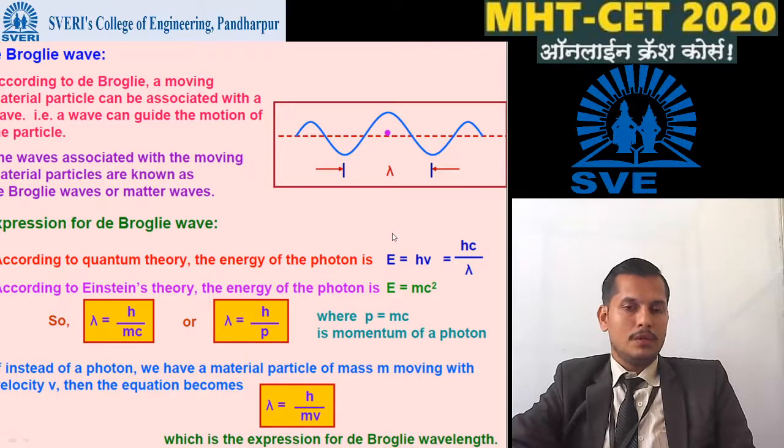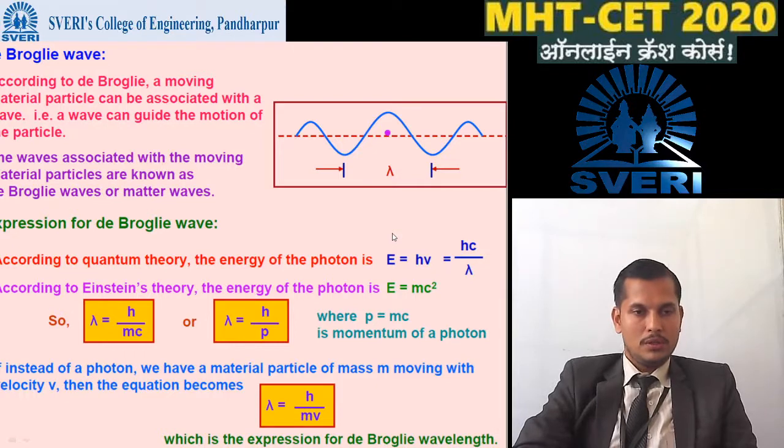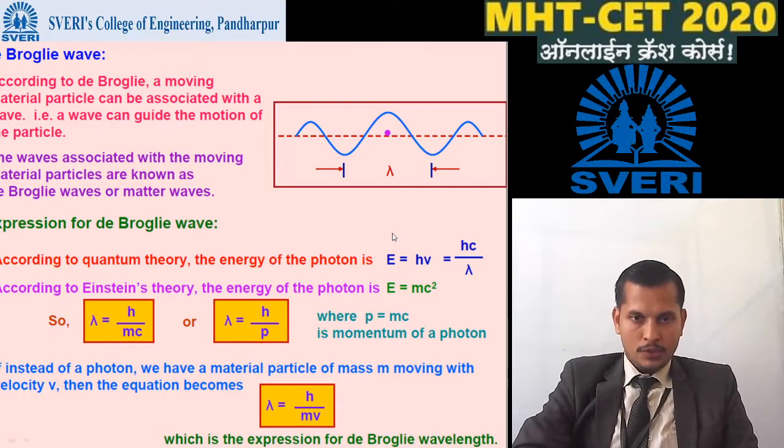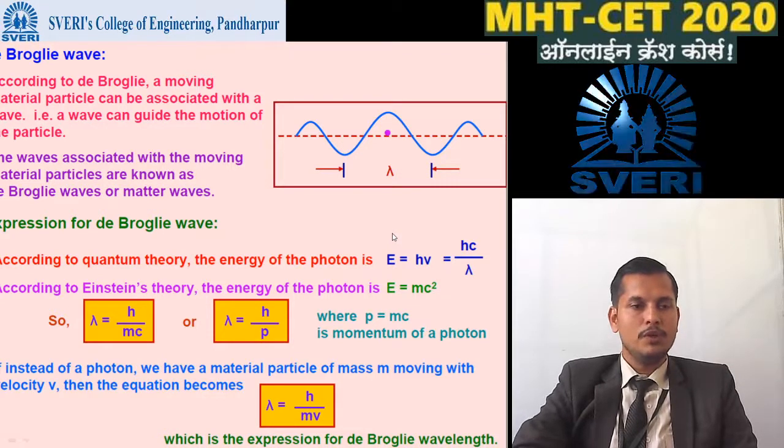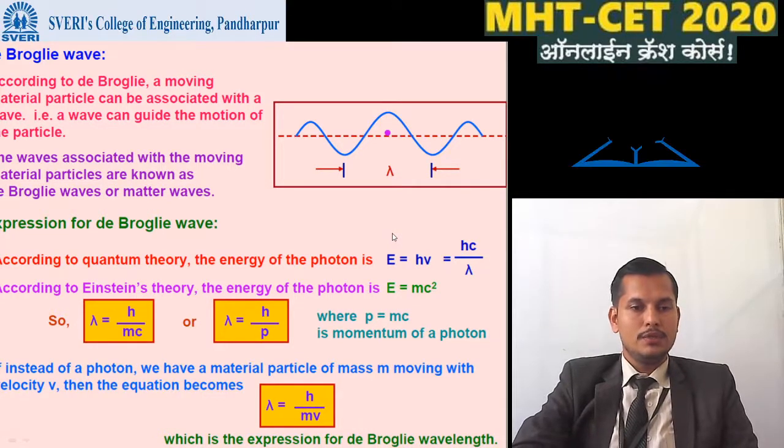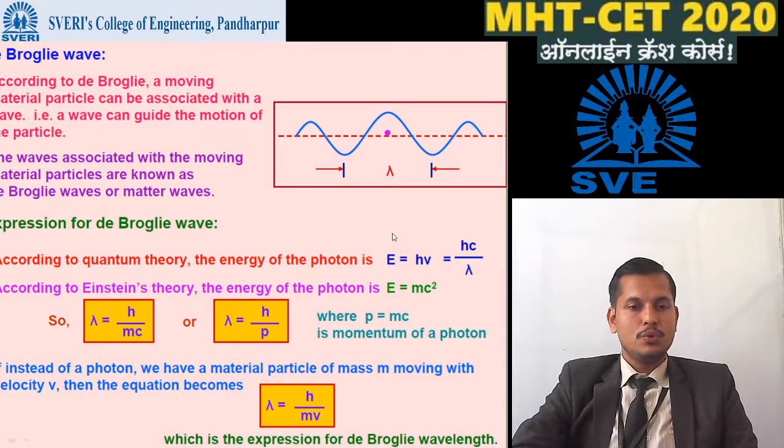So if we compare these two equations, then we get lambda is equal to h by mc, or lambda is equal to h by p, where p is equal to mc, the momentum of a photon. So if instead of a photon, you consider a material particle of mass m moving with velocity v, then this equation becomes simply lambda is equal to h by p, that is lambda is equal to h by mv, which is the expression for de Broglie wavelength.